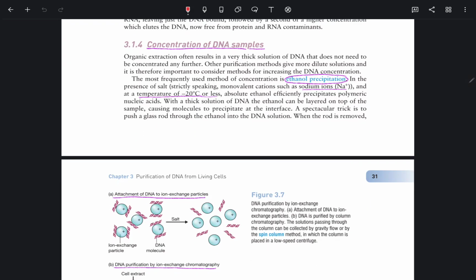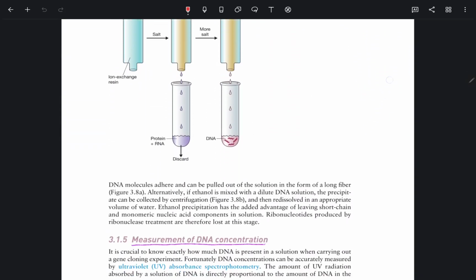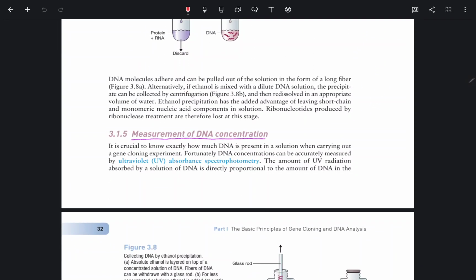A spectacular trick is to push a glass rod through the ethanol into the DNA solution. When the rod is removed, DNA molecules adhere and can be pulled out of the solution in the form of a long fiber.